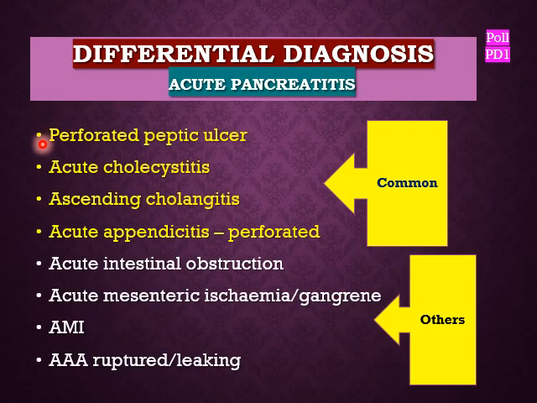These are the common differential diagnoses for this condition: perforated peptic ulcer, acute cholecystitis, ascending cholangitis, acute appendicitis with perforation, acute intestinal obstruction, acute mesenteric ischemia with gangrene, acute myocardial infarction, and abdominal aortic aneurysm rupture or leaking. So these are all causes of acute abdomen.